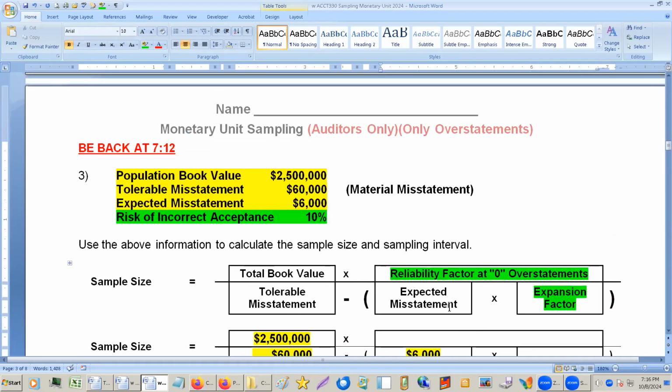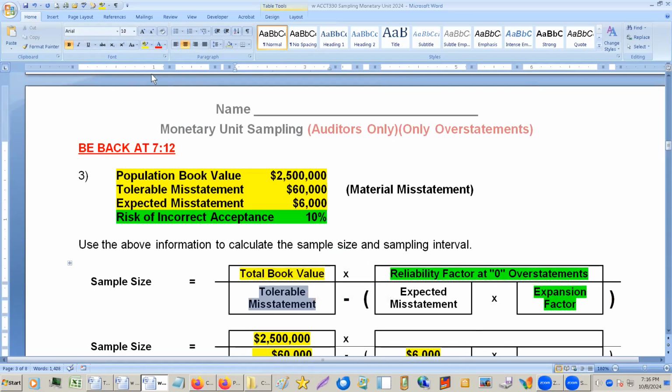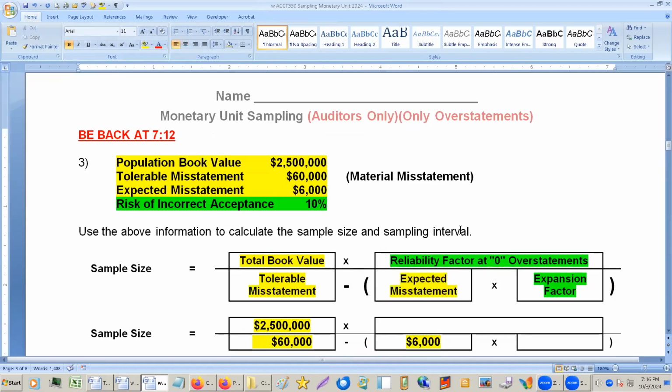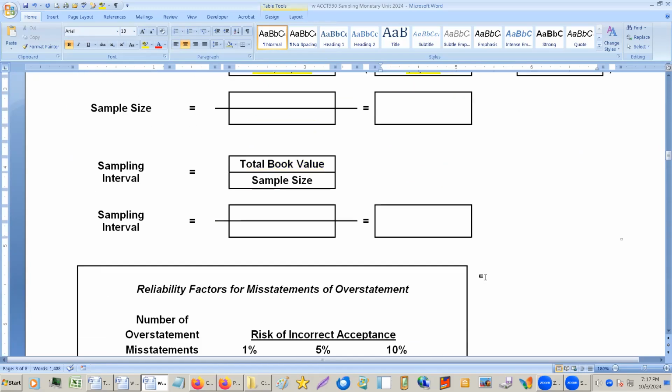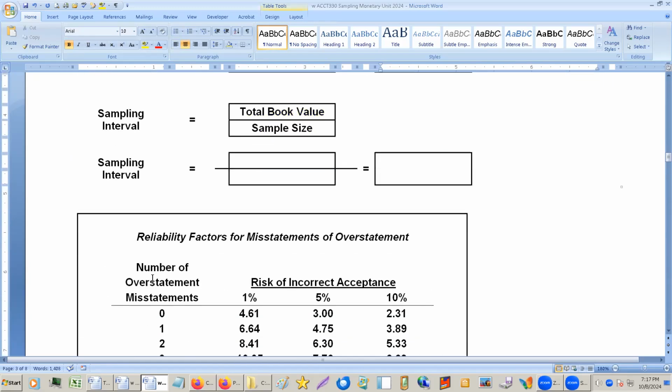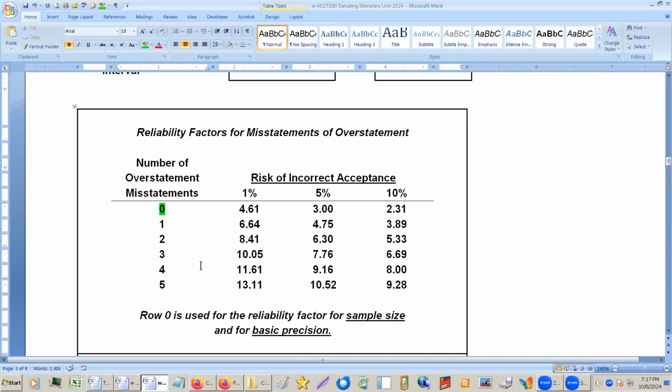Oh, I know what I can do. I can color coordinate all these. See, I'm living what I'm telling you guys about color coordinating things. Okay, so we're going to go get our factors. We go down to our table, and we're at 10%. It's at 0, and that's just the formula.